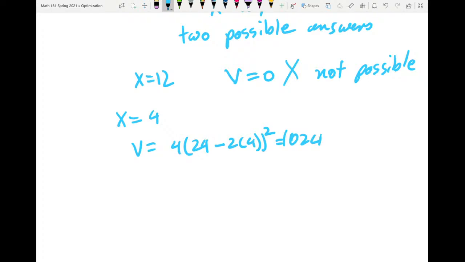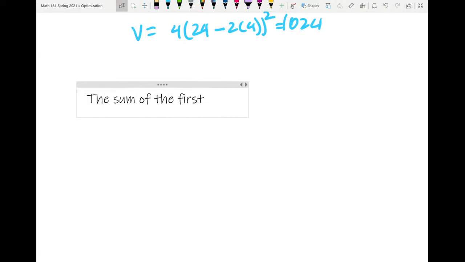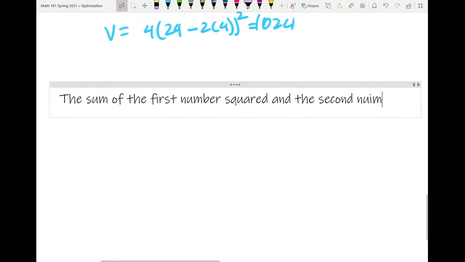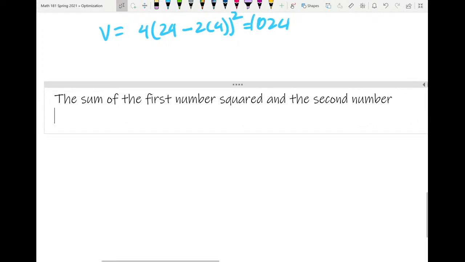All right, let's try another word problem. The sum of the first number squared and the second number is 27.